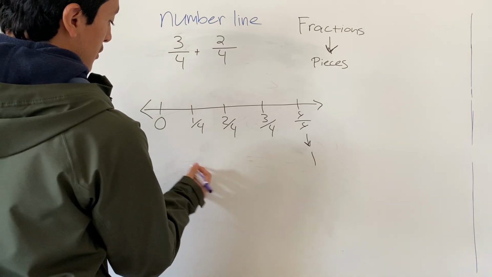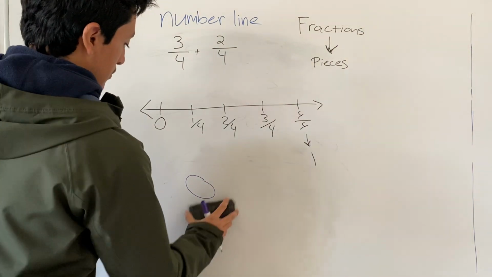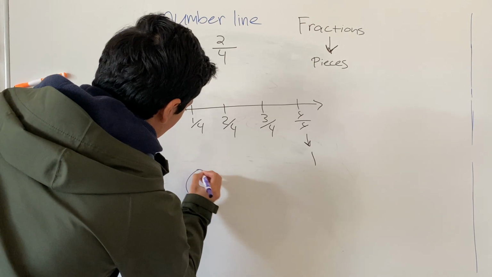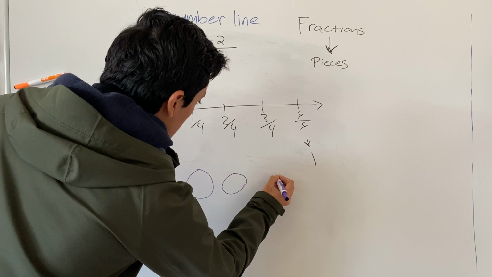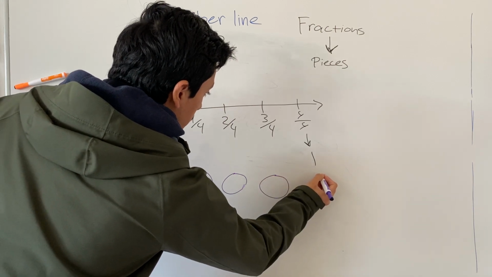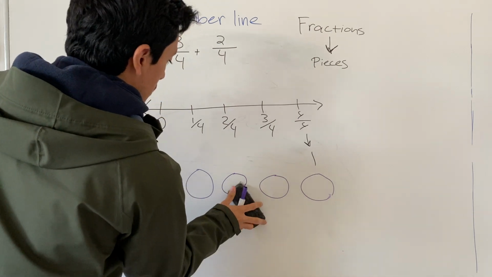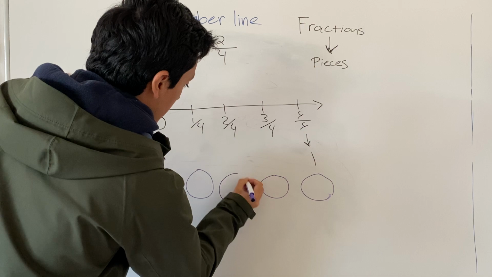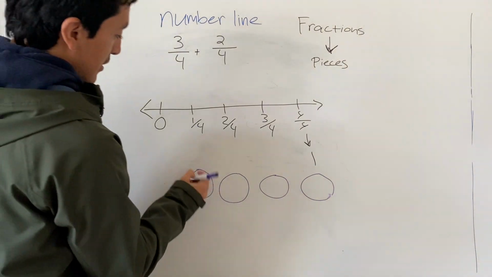This time I'm going to use a circle again. I'm trying to make the circle as perfect as I can. All right. So you can see that? Yeah. Okay. How many pieces is each circle?